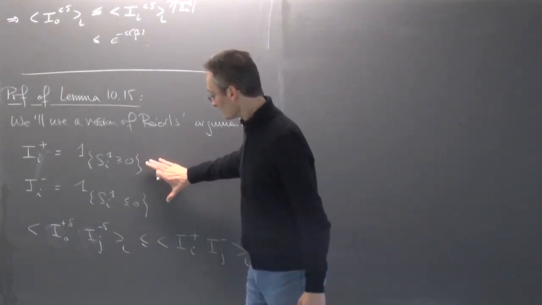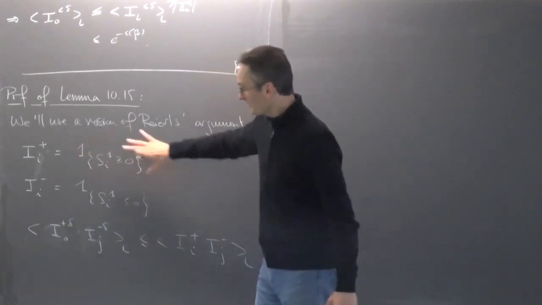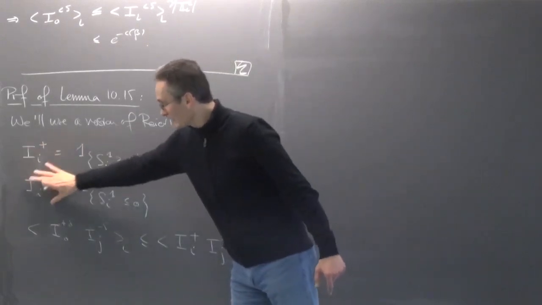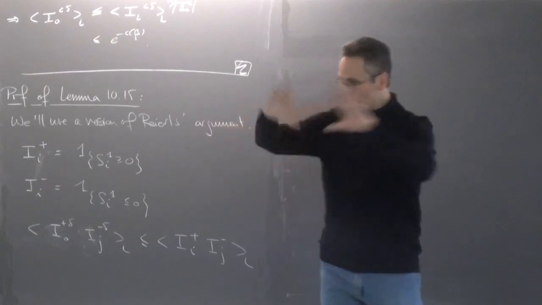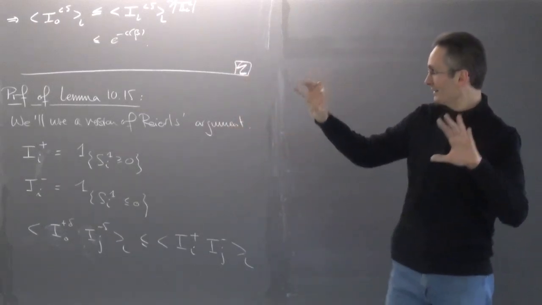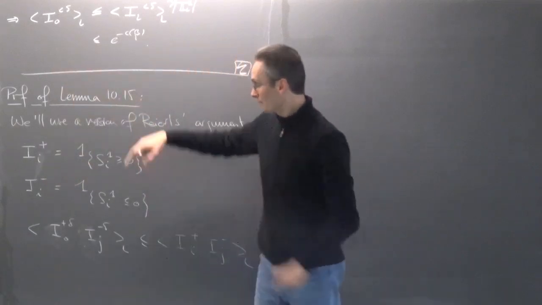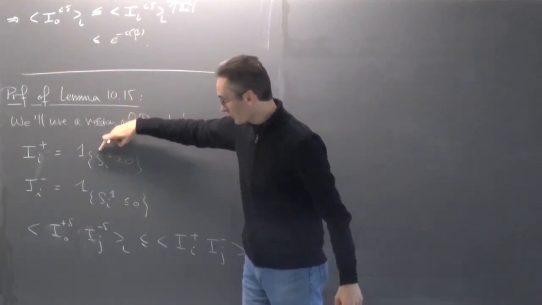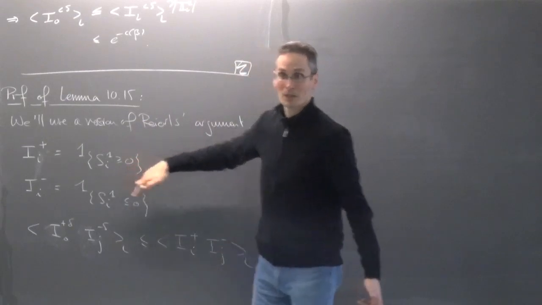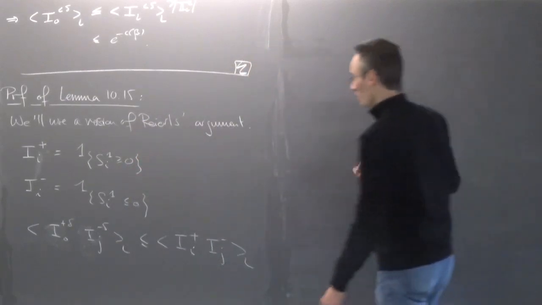So you see that what I've done with this kind of indicator is that in my configuration I can associate a plus or a minus to each vertex of the lattice, depending on whether the first component of the corresponding spin is positive or negative. Right? So that's what I want to implement now.